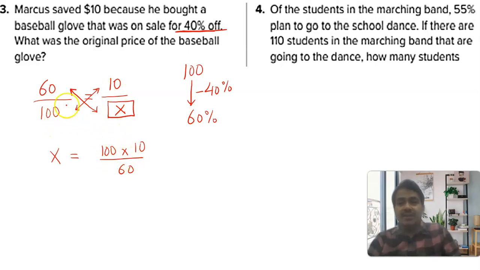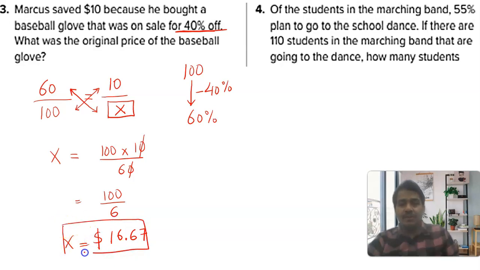The zeros cancel. So what we need to find is 100 divided by 60. So this will be 1, and 40 will be 6, and then you put a point and then again 6, 7. So the original price of the item is $16.67.